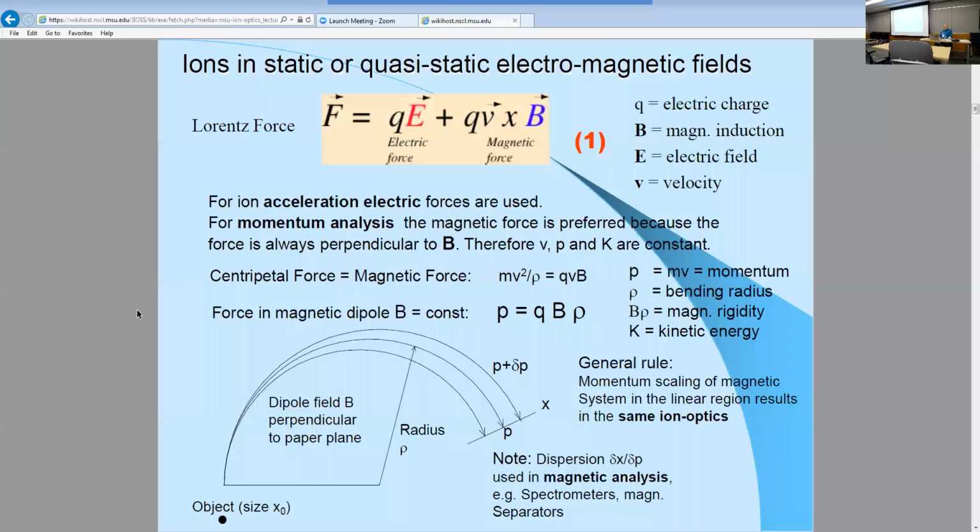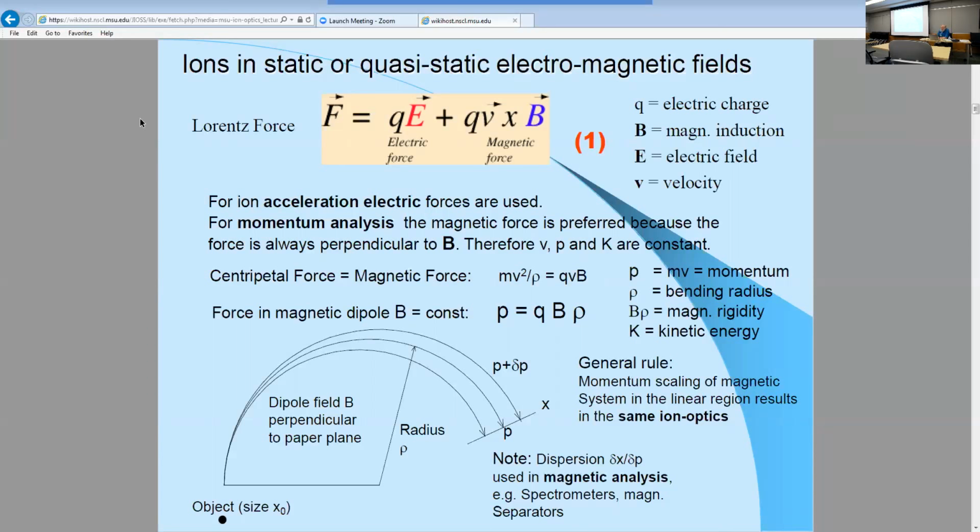So what drives the ion optics are, of course, the forces on the ions. The Lorentz force is the charge Q times the electric field plus the charge times the velocity crossed with the magnetic field, q v × B. That is the basis for why we can manipulate ions completely differently from light optics, where you have refraction and reflection on optical surfaces. So we need the electric field.